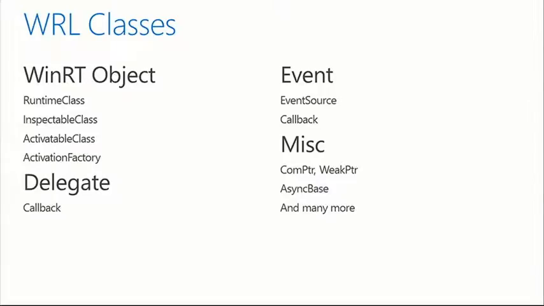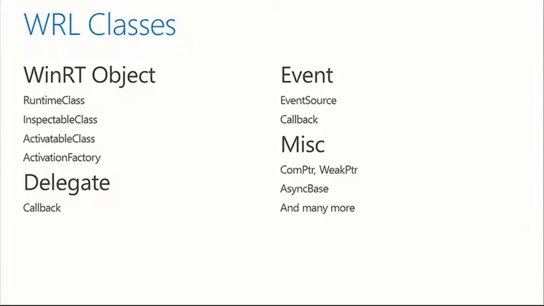Then there are delegates, which is essentially a callback across the boundary across languages, and we have facilities for you to create delegates, pass them across to other languages or across the WinRT boundary. Events, again, events is really based on delegates.